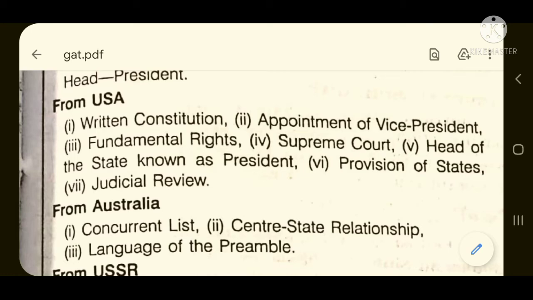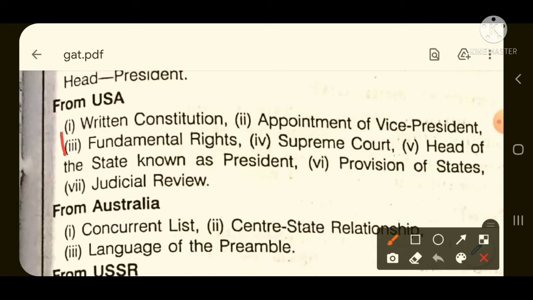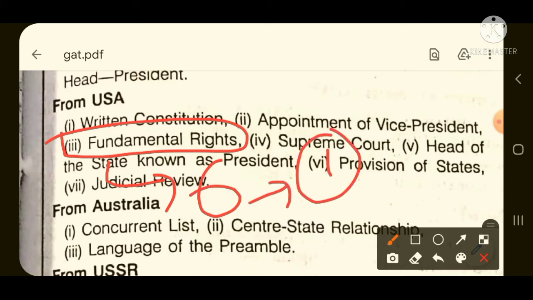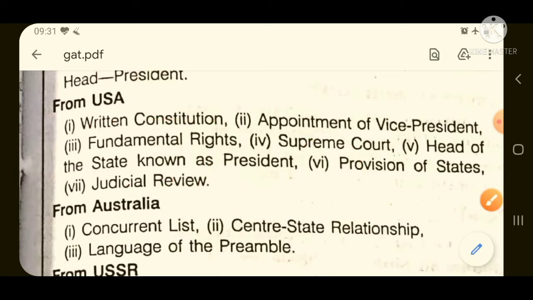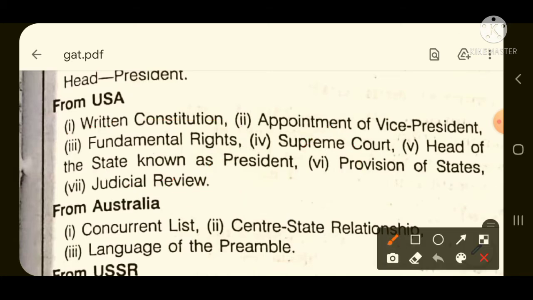Next thing is fundamental rights. We all know that in our constitution we have got 6 fundamental rights. In those 6, one is called the heart and soul of the constitution, that is called right to constitutional remedies. So this feature of fundamental rights again we have borrowed from the Constitution of United States of America.